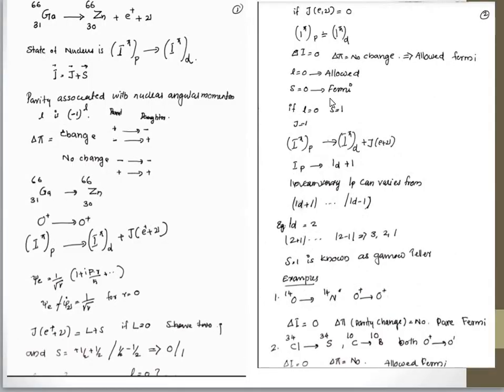So in the allowed approximation L is equal to 0, and for Fermi decay S is equal to 0, and for Gamow-Teller decay S is equal to 1.